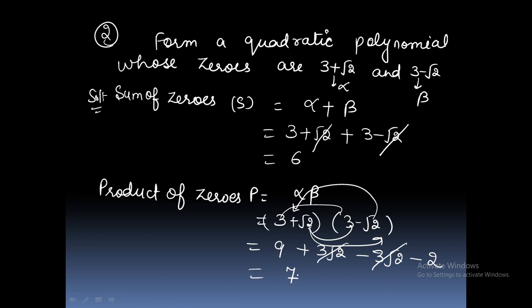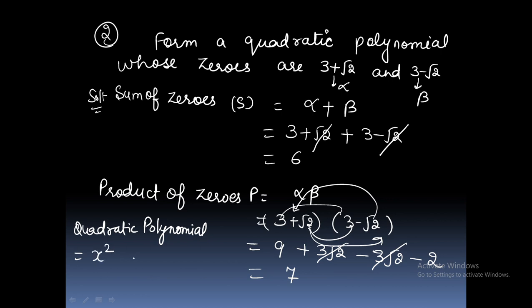Now you will find the product of zeros is 7, and the quadratic polynomial is equal to x raised to power 2.